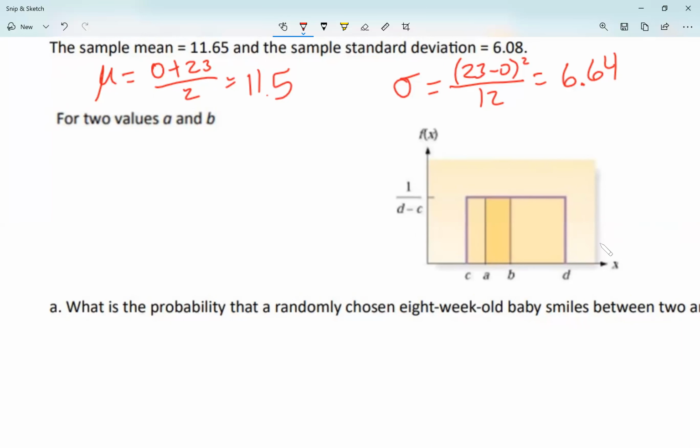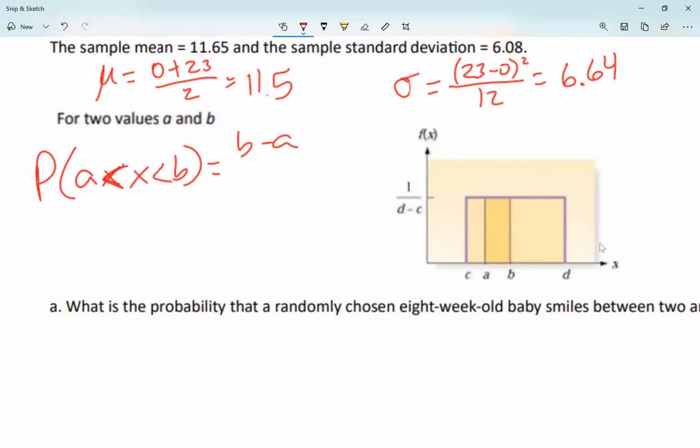I'm going to say the probability that X is in between A and B is equal to B minus A over D minus C. Keep in mind A and B are in between C and D. So I'm also going to use these formulas for uniform distribution.